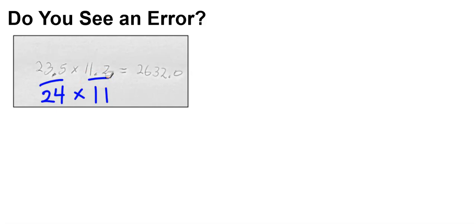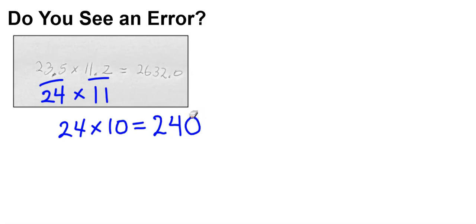So I don't really want to multiply this out using an algorithm, so I know that I can multiply 24 times 10 very quickly, because 24 times 1 is 24, so 24 times 10 would be 10 times larger, so 24 times 10 is 240.